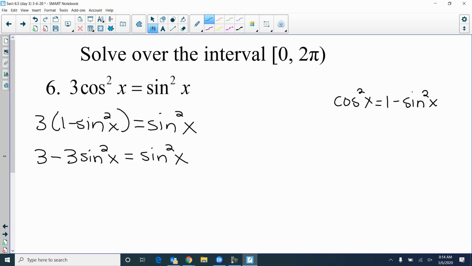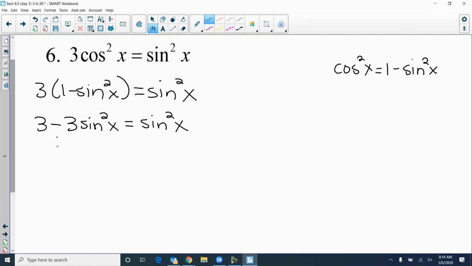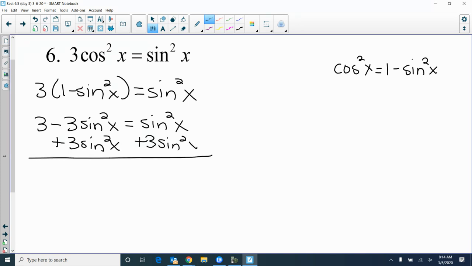How do we want to handle this? This would not be like the last 2 or 3 where you have a sine squared and a sine. We're going to combine these like terms, so add 3 sine squared x. I get 3 equals 4 sine squared x.